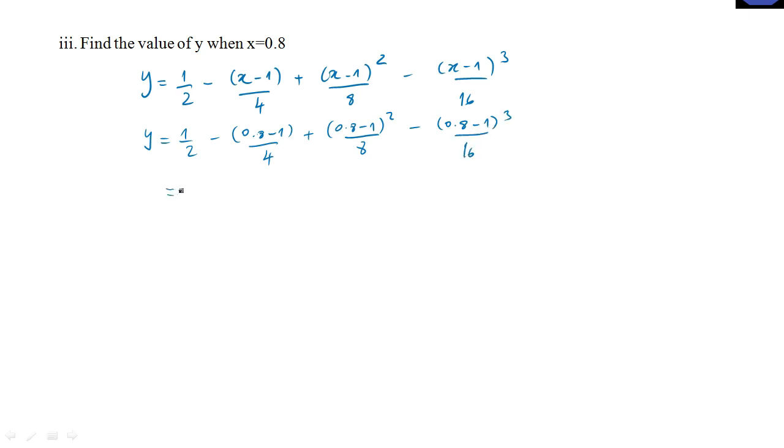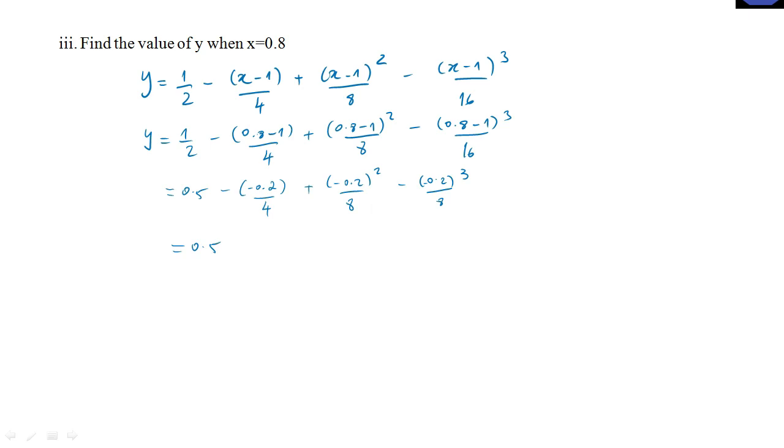So this gives me 0.5 minus, sorry, minus 0.2 over 4, minus 0.2 squared over 8, minus 0.2 cubed over 16. I'll do this on the calculator very quickly.